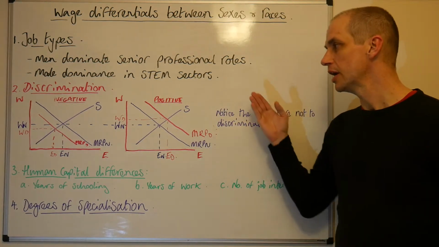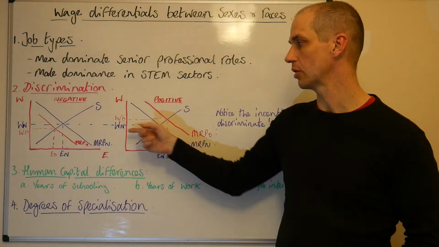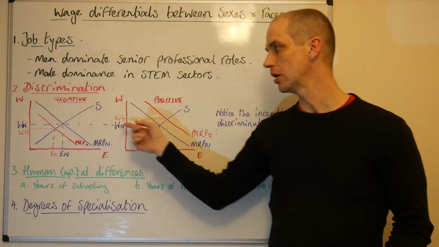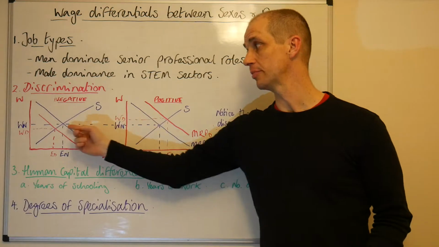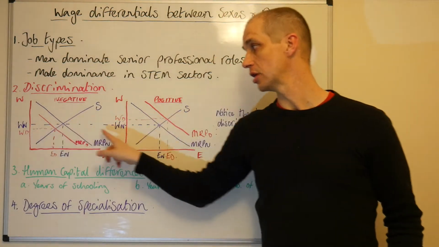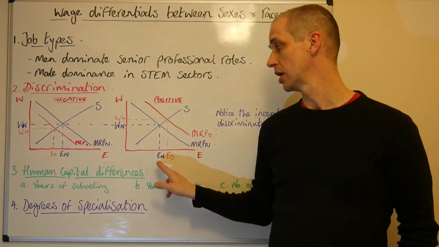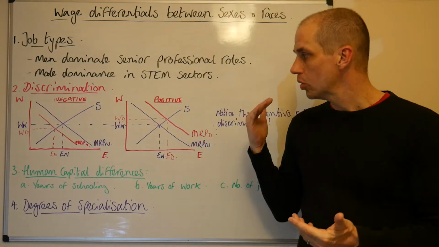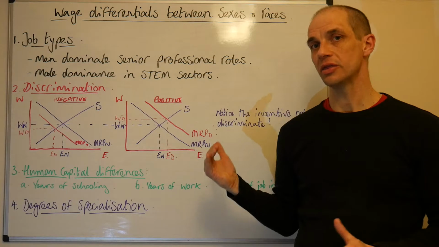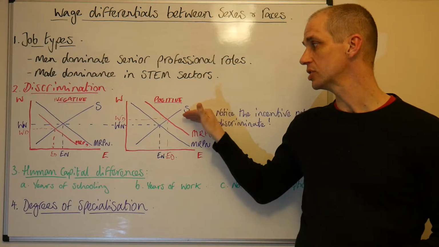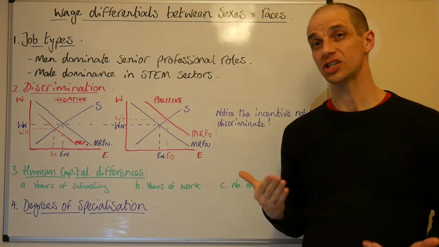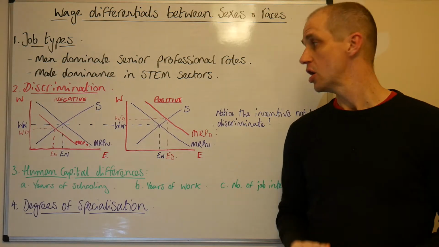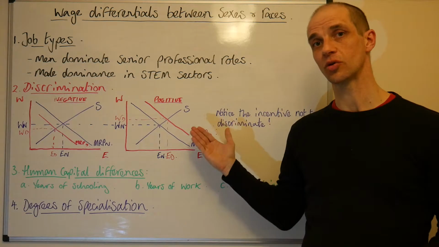Okay, so it's interesting when you consider this though, because remember we've got our non-discriminatory equilibrium marked WN, and we can see that against EN there. Okay, so what's also interesting when we extend this analysis, we can also see that the consumers would actually have an incentive not to discriminate.